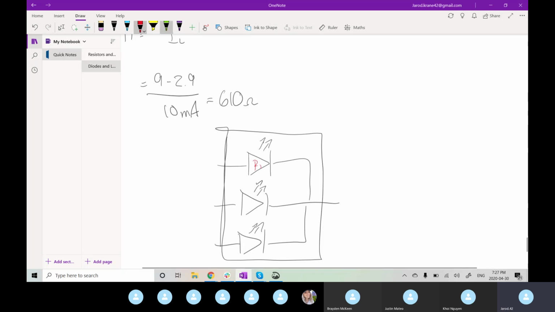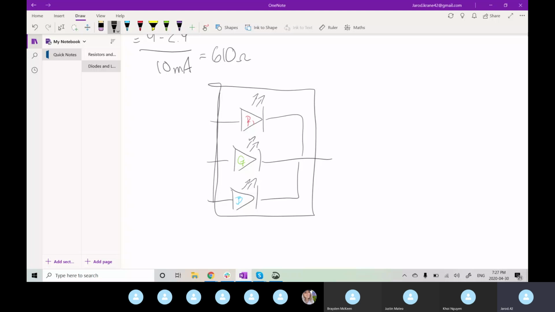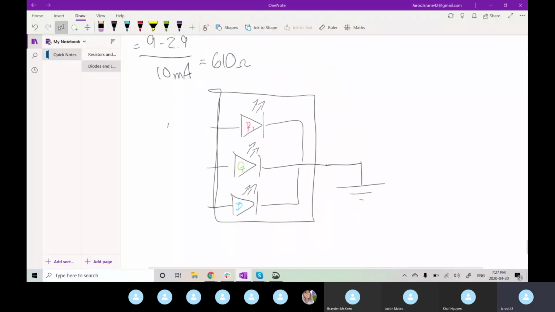You'll have your RGB, and then typically, depending on common anode or cathode, depending on which device it is, all the cathodes will be tied together, or anode, sorry, and that'll just tie to ground. And then they'll each have their own forward voltage, and potentially all will have a different current limit as well.